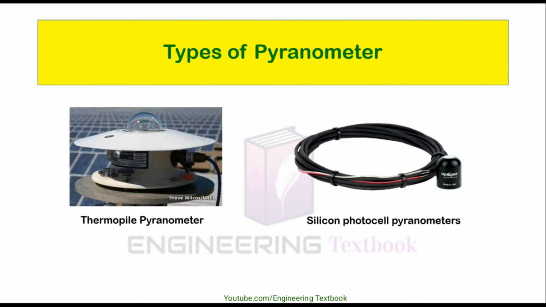This pyranometer performs best when used to measure global solar radiation under the same clean sky conditions used to calibrate it. It should not be used within vegetation or greenhouse effect or to measure reflected radiation. So, comparing both pyranometers, the thermopile pyranometer is widely used in industries.